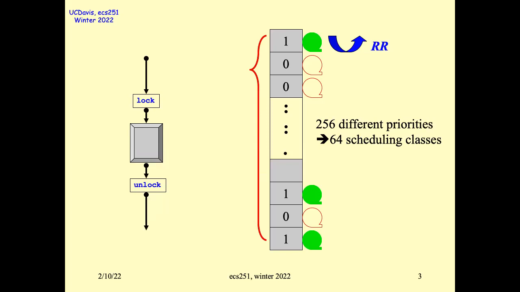In other words, priority 0, 1, 2, 3 is assigned to the first queue, and then 4, 5, 6, 7, and so on. So basically each 4 levels are matched to each class. It's purely implementation. I could have implemented 256 queues, right? But I guess it's because it was a 64-bit computer at the time it was designed, so that's why they use 64-bit.